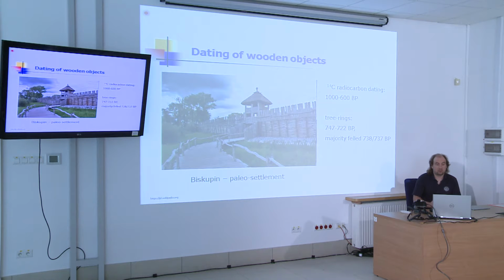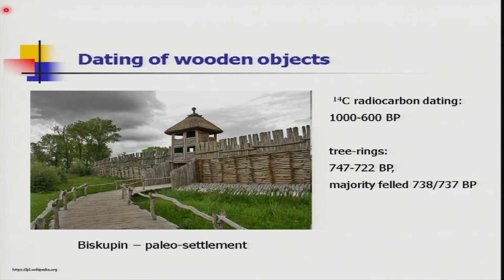And the advantage of this method is that tree rings provide more precise dating, more precise information about when the given object appeared. For example, there is a well-known paleo settlement of Biskupin.